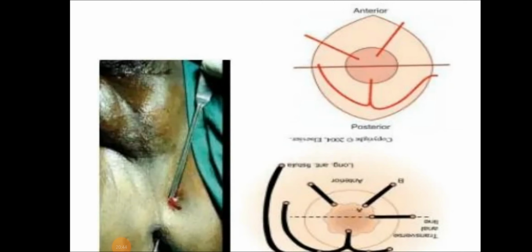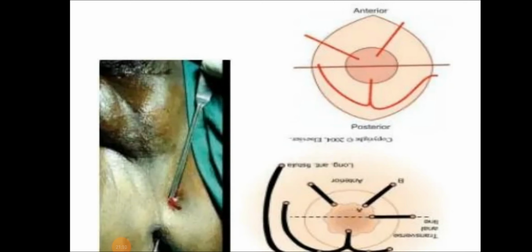That is, when we consider an imaginary line in the midpoint of the anus, and if the external opening is above that, that is anterior to the midline, then it will be a straight track. And if it is below, or if it is on the posterior side, then it will be a curved track, and it will be opening into the midline posteriorly.